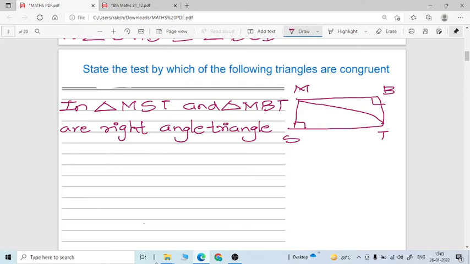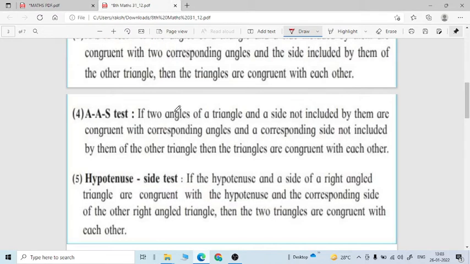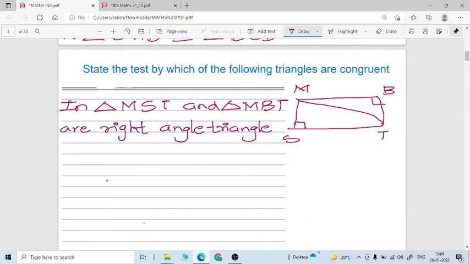So let's find, what property have we used here? Right angle triangle, which is the hypotenuse side. We'll take this one, the hypotenuse side. Hypotenuse MT is, sorry, not parallel, that is congruent to hypotenuse, which one? Students, write in the chat section.